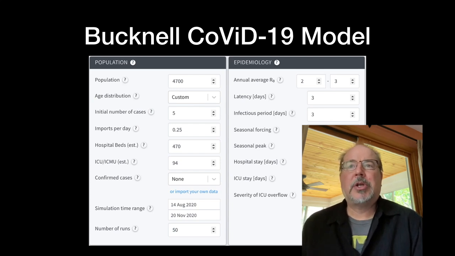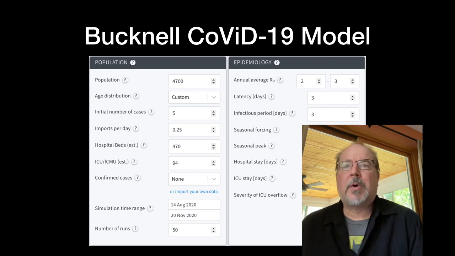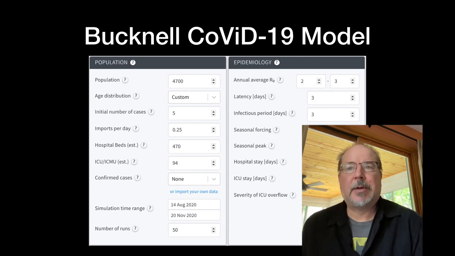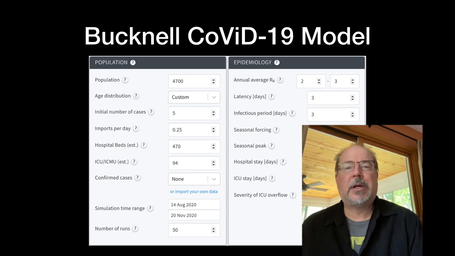Another important thing to note is that we're using an initial R of around 2.5. The model uses an average R of 2 to 3, and that's based on the latest CDC recommendations of what is an accurate spread of COVID-19 in the United States under today's conditions.